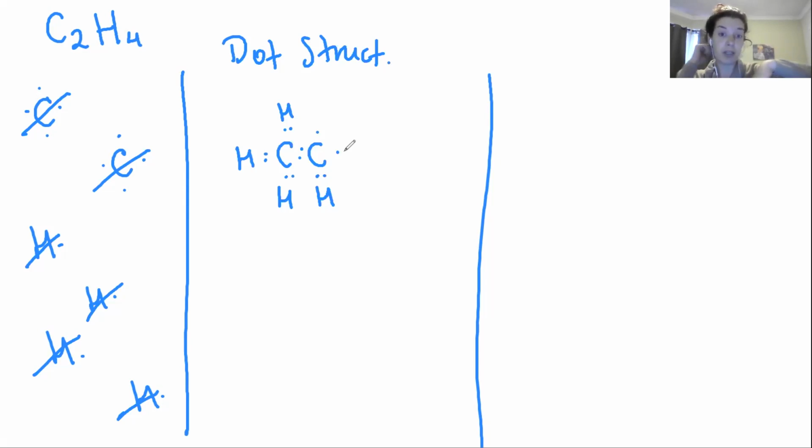A couple other people are saying, hey, one of the carbons isn't touching 8 electrons. 1, 2, 3, 4, 5, 6. Bad. Both of you are correct. Both of those things are a problem. So he's touching 8, but he isn't. And there's these 2 unpaired electrons. We're not done. Some of you are suggesting in the chat how to fix it. Yes, you're on the right track. I'll show you how we can fix this.